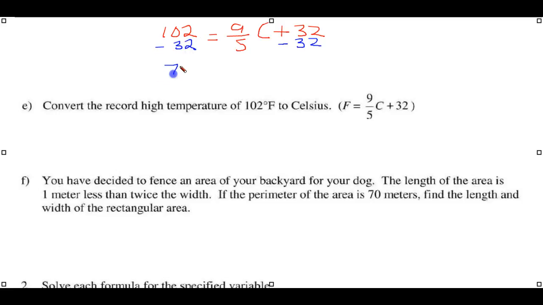So this gives me then 70 equals 9/5 C. And I chose to do it this way because when I see I have a fraction with the Celsius, I can just use that other tool, the reciprocal, to make this a 1C.